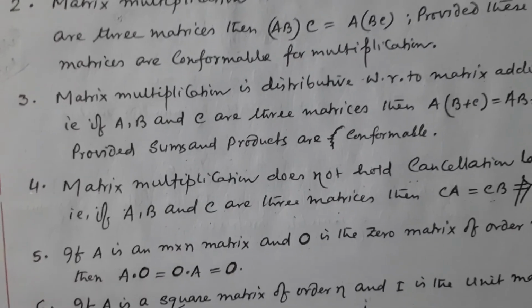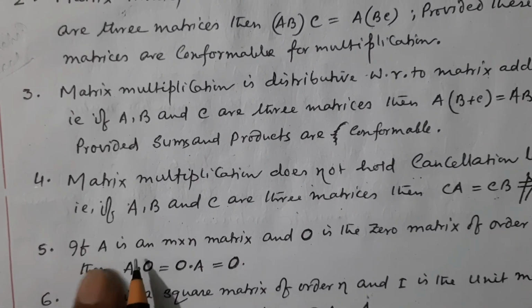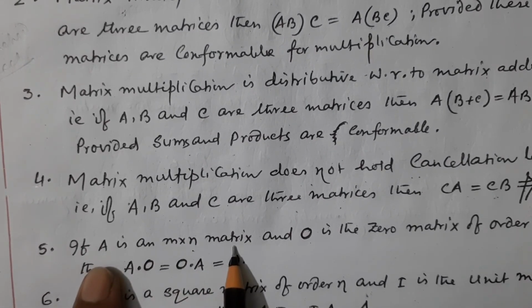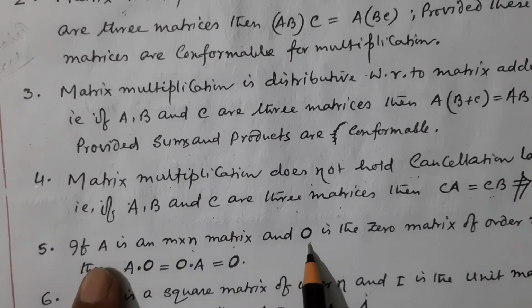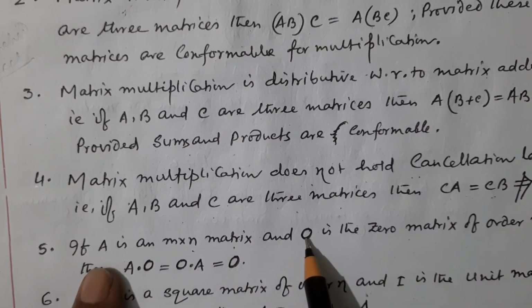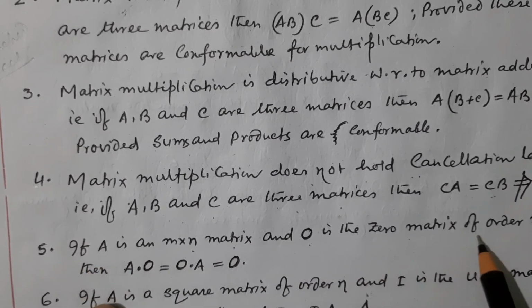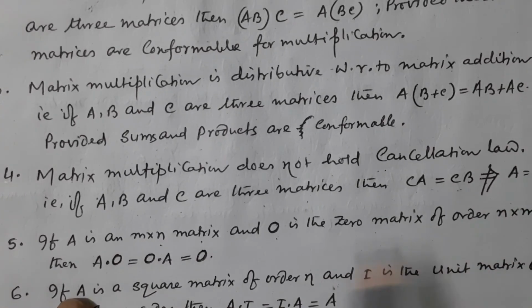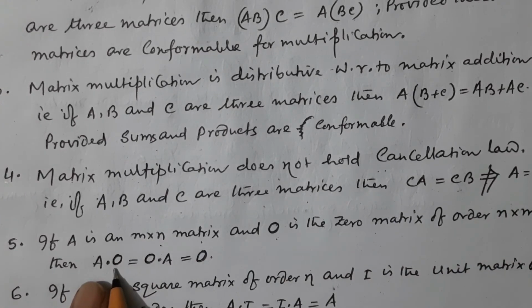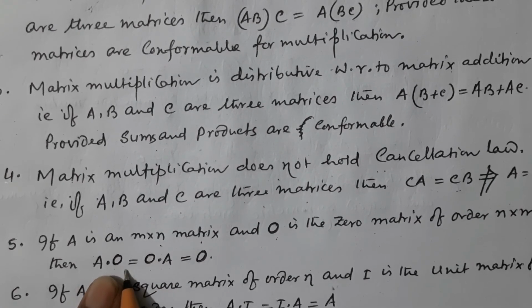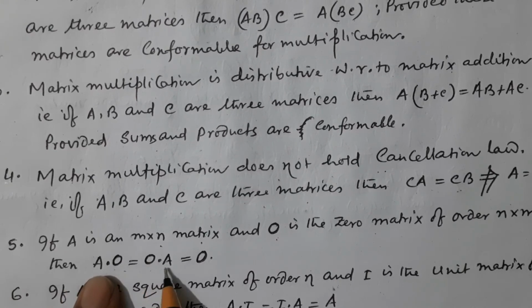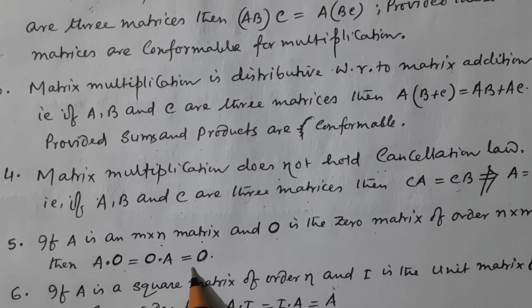Next, if A is an M cross N matrix and 0 is the zero matrix of order N cross M, then A into 0 equals 0 into A, which equals 0. Here 0 means the zero matrix, which is bold.